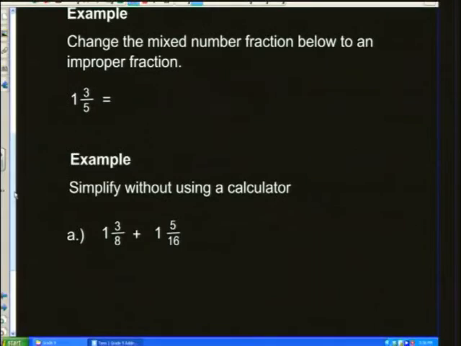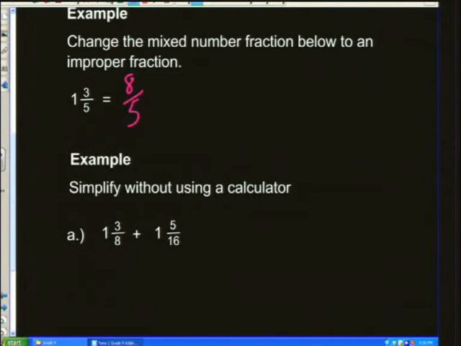We multiply our whole number by our denominator, which is 5. 5 times 1, and we add our numerator, which is 3. So it's going to be 5 times 1, which is 5, plus 3 gives you 8 over 5. I'm sorry about that, the denominator is 5.